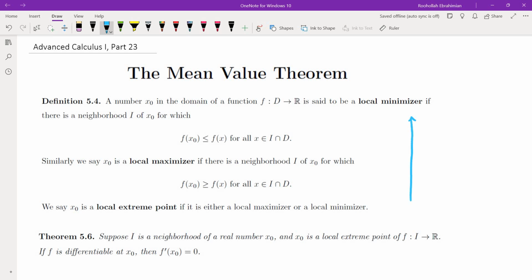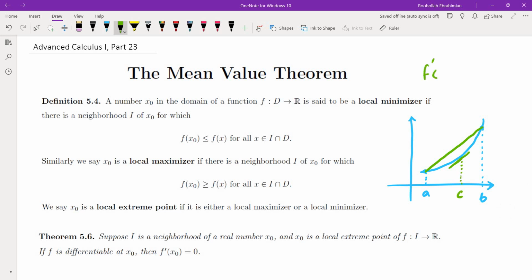Okay, so the mean value theorem would be basically the last theorem and the main theorem we'll prove today. Mean value theorem tells you if you have a function between two points A and B, under some certain assumptions, some certain conditions, if you look at the average rate of change, there is some point in between A and B where the slope at this point is the same.